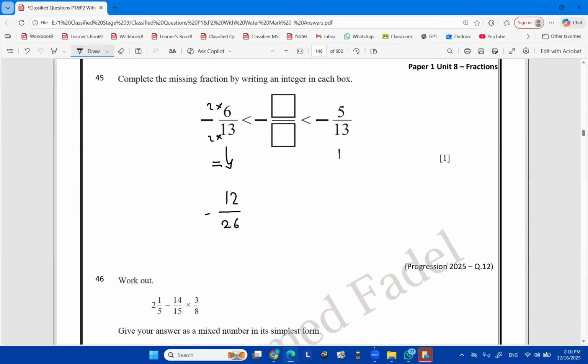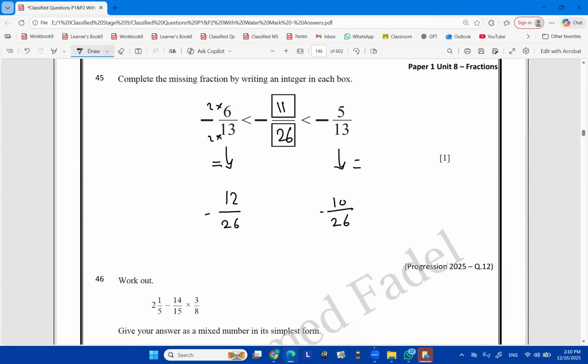I'm going to do the same thing exactly over there. It is equal to 10 over 26. So what is in between now? Mister, I found the two equivalent fractions for both of them. So there is something in between now. It is 11 over 26. Negative 11 over 26 is going to be there.